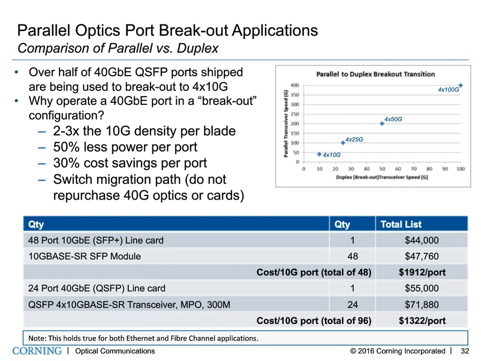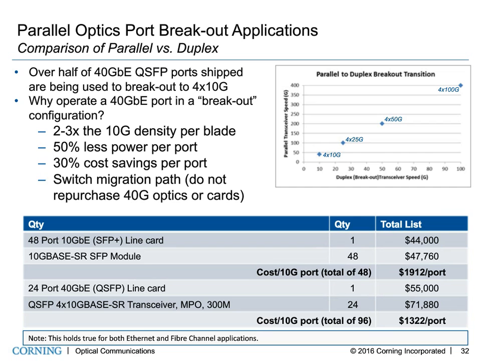So, pretty interesting slide, and the economics have actually gotten even more favorable for breakout since the slide was put together. But you started looking at it, and all of a sudden there's this massive density play for parallel solutions. You could get 2 to 3x the 10 gig density per blade by using parallel ports.